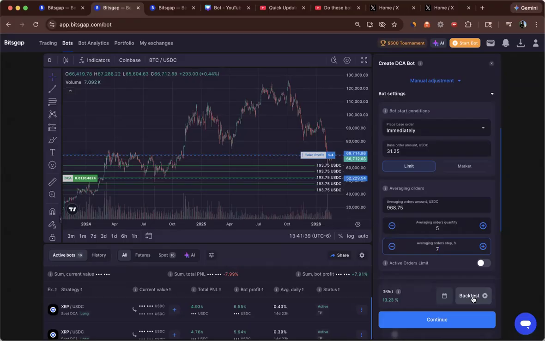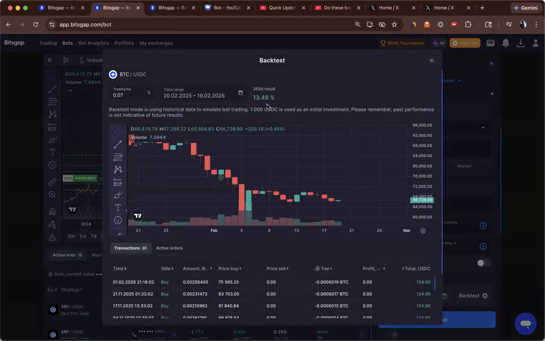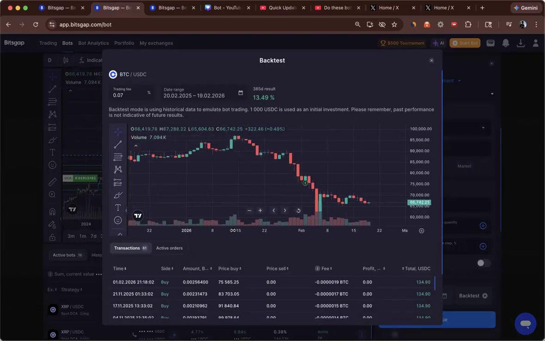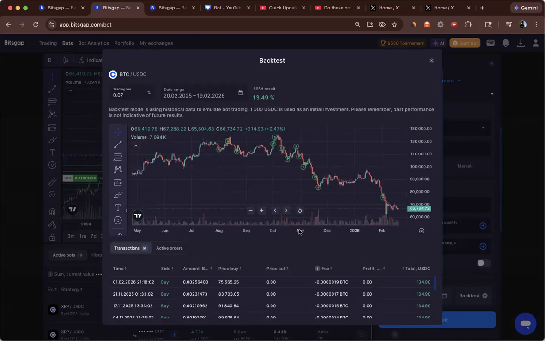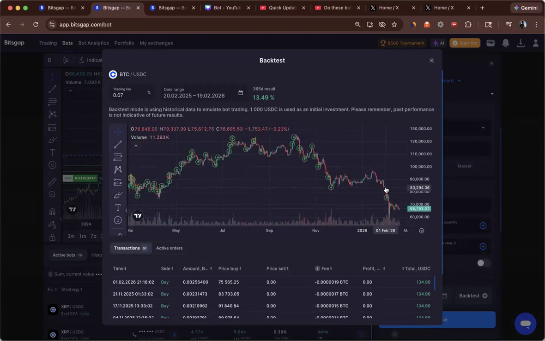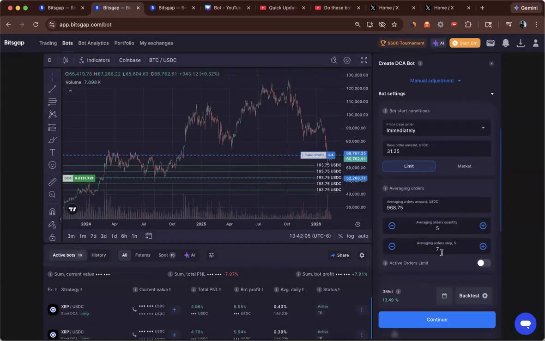So I had one at 5, one at 6, this one's at 7, and we'll see what this one returns, 13.49, and the last time it purchased was February 2nd. So you're not seeing a whole lot of difference in return, but it kind of buffers you if the price goes down too fast for that initial bot.